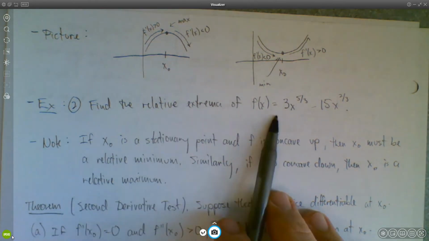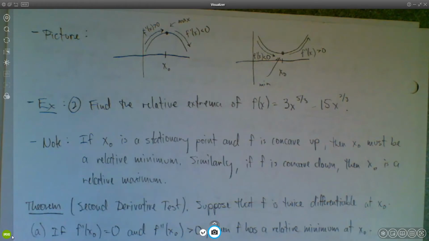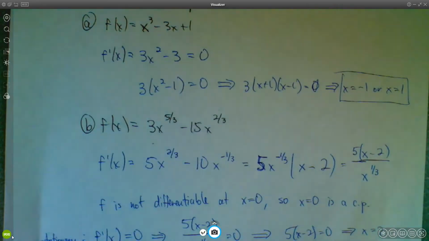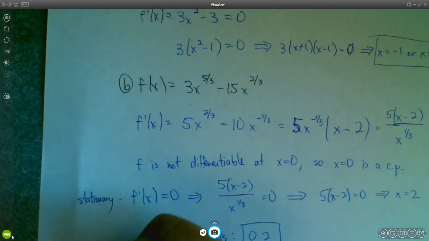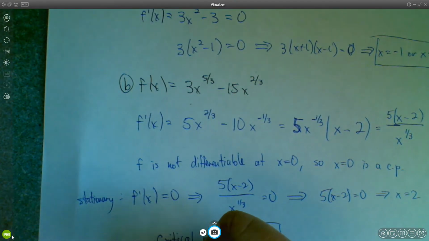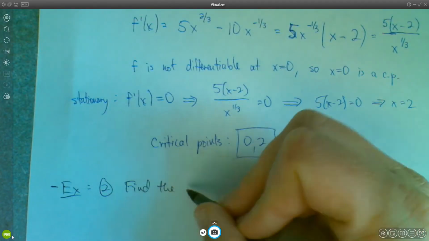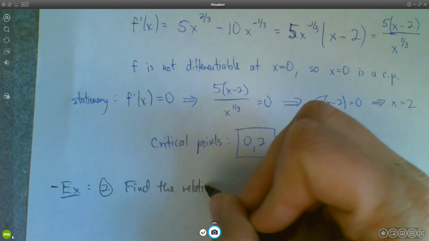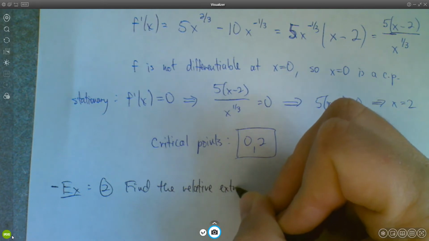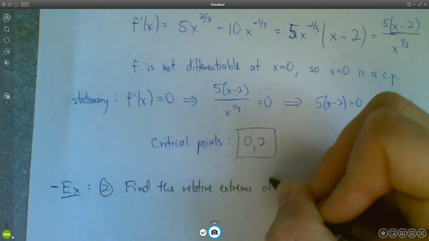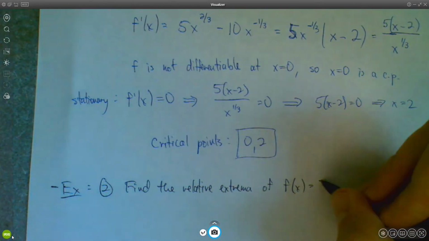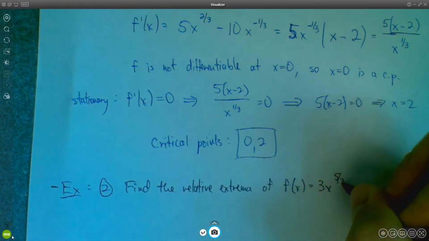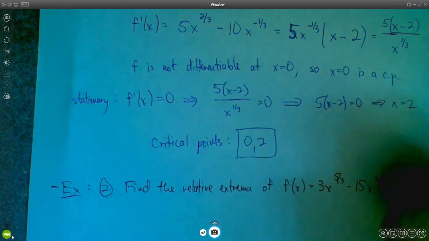All right, so let's look at this example. Find the relative extrema of this function here. We've already done some of the work. So let's find the relative extrema of f of x equals 3x to the 5/3 minus 15x to the 2/3.